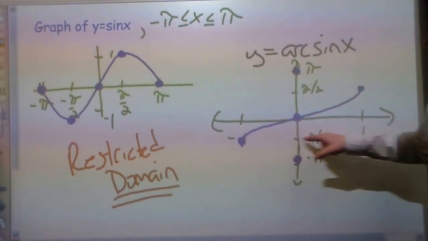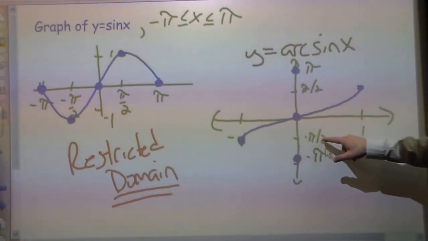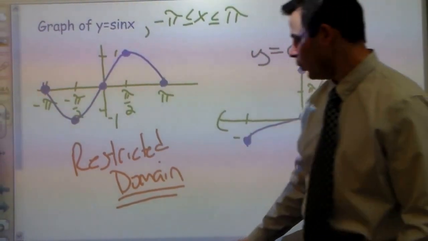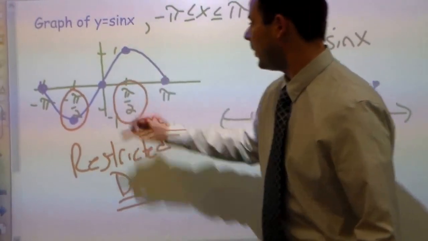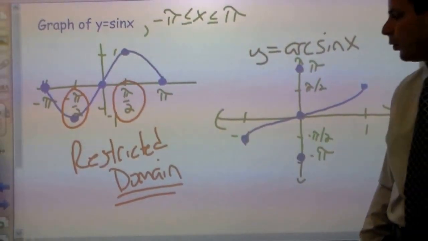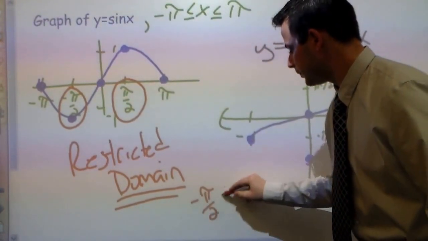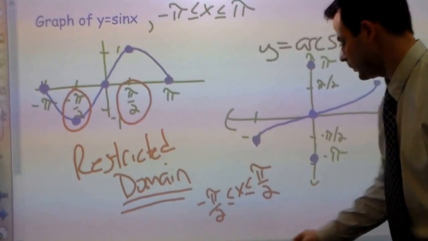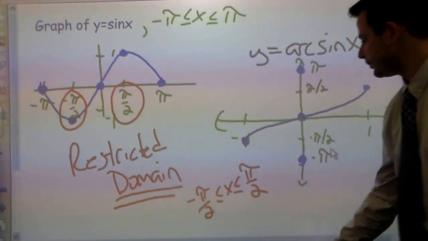If you take a look at our y values, we stopped it and cut it off at negative pi over 2, and we stopped it and cut it off at positive pi over 2, which means for sine, we will have to restrict the domain from negative pi over 2 to pi over 2. Okay? So this is what the graph of inverse sine looks like.